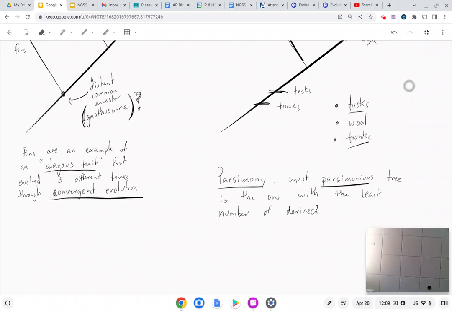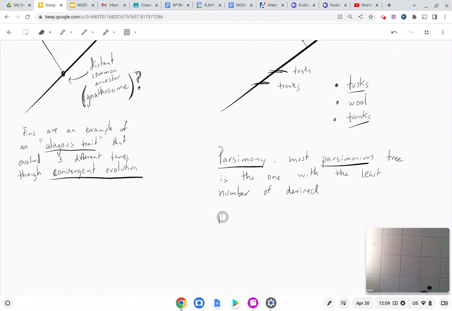So homologous, we're going to talk, a homologous trait would be like tusks and trunks. They are homologous traits.